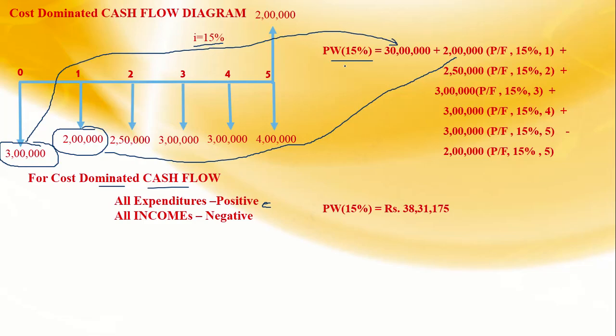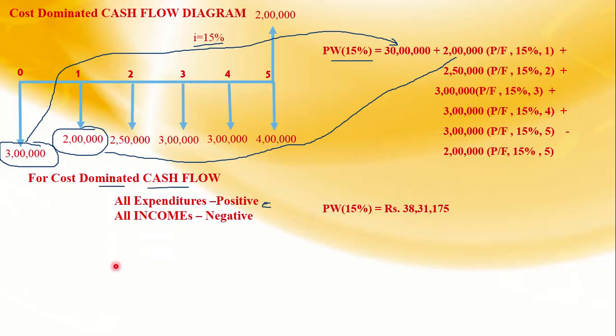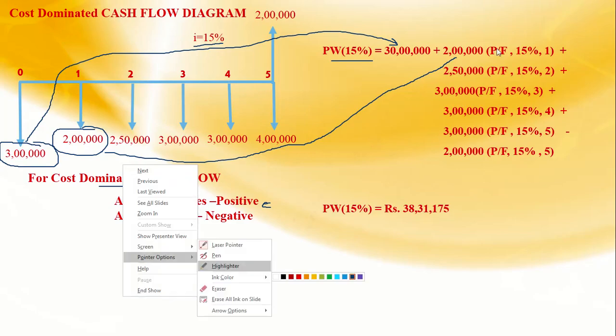You have to use this formula, 2 lakh into P/F, 15%, 1. You can see the value of P/F, 15%, 1 in the data book.